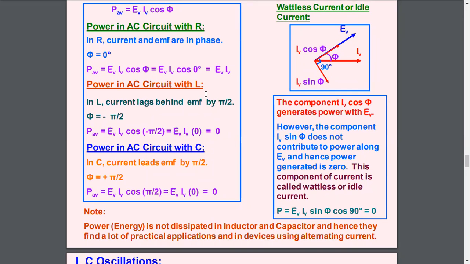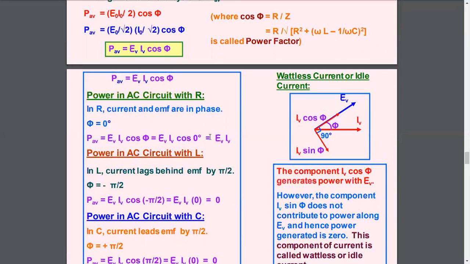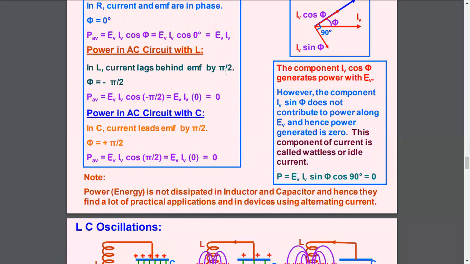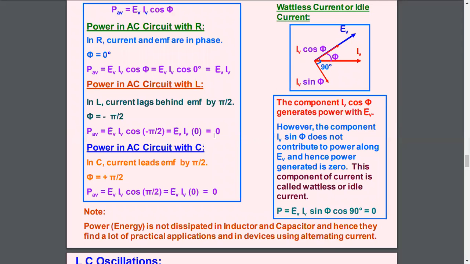Now, if you add up the net power dissipated across the LCR circuit, you must add the power dissipated across the capacitor, the inductor and the resistor. So you will find 0 plus 0 plus ERMS into IRMS, which equals ERMS into IRMS.